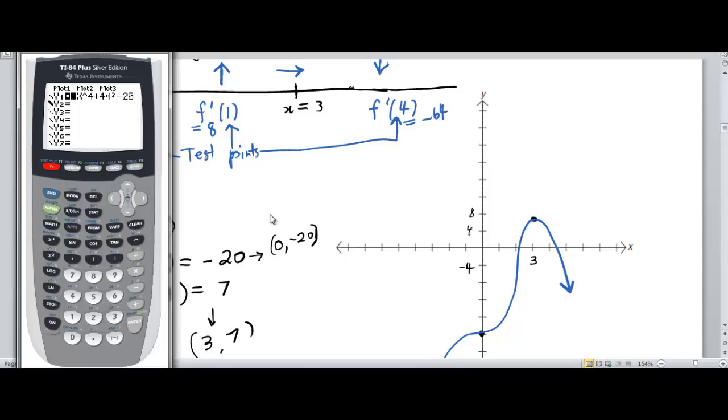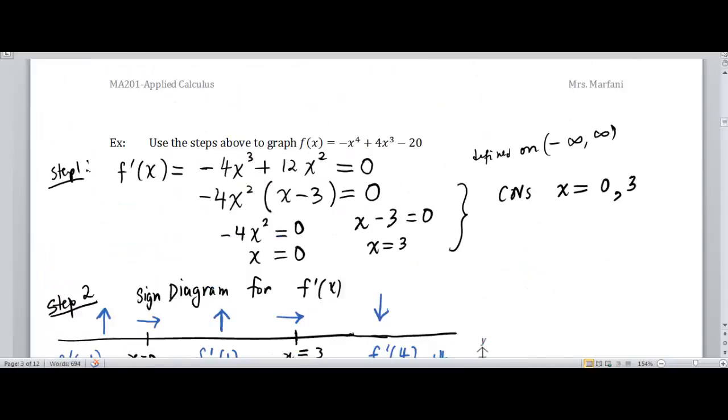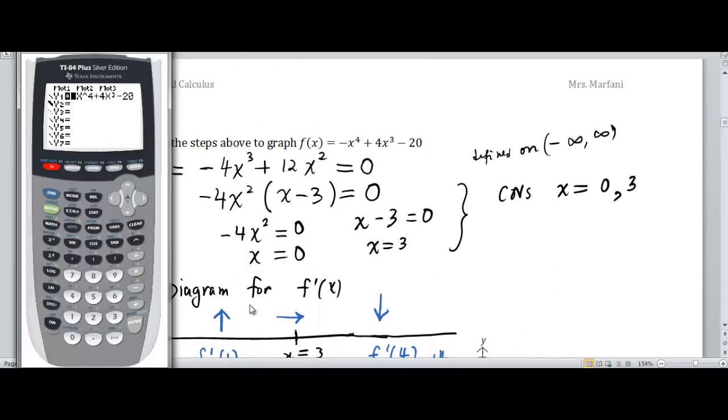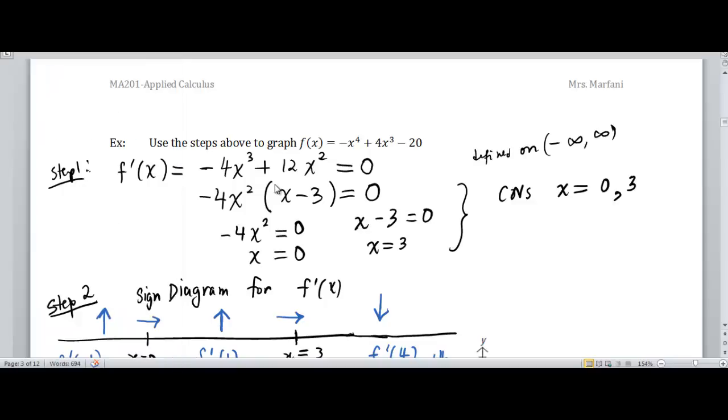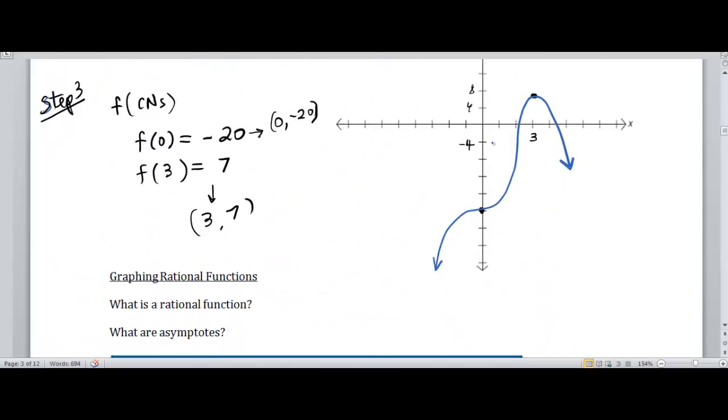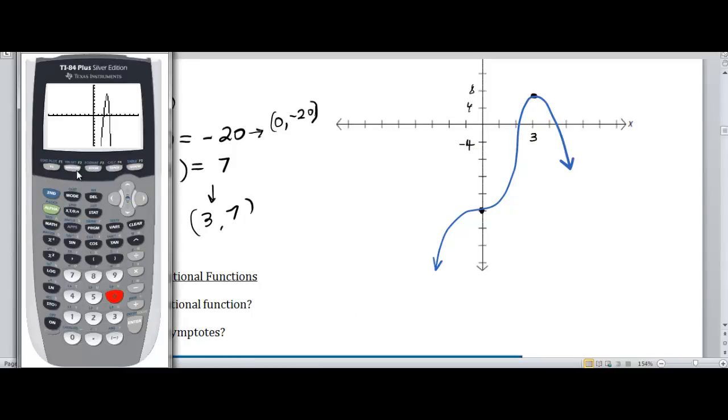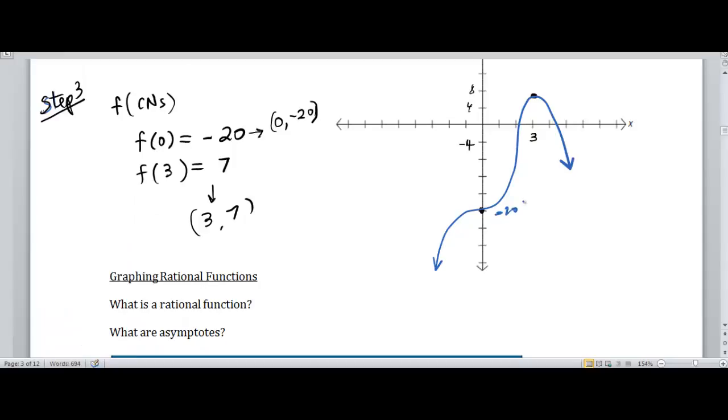Okay, so we have the original function in there, negative 4x to the fourth plus 4x cubed minus 20. You can do zoom 6. Okay. And my x-axis goes by 1 and the y-axis goes by 4. So let me change that window. And remember, this point is negative 20 right here, so we have to see that on our graph.